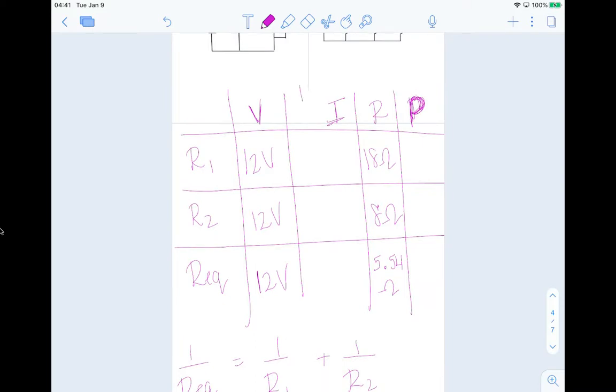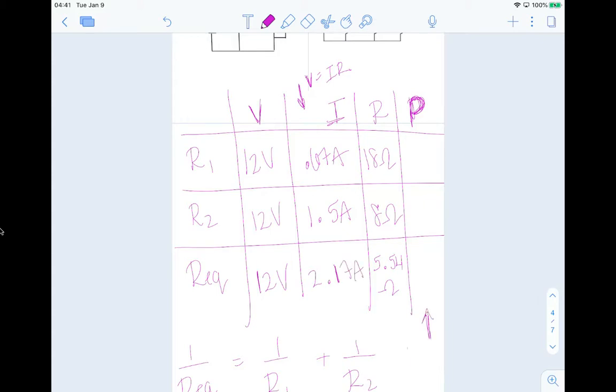Solving for this column right here, again, we're going to use Ohm's law, so V equals IR. So we have, for the first, 0.67 amperes, 1.5 amperes for R2, and lastly, for our total current, we have 2.17 amperes.